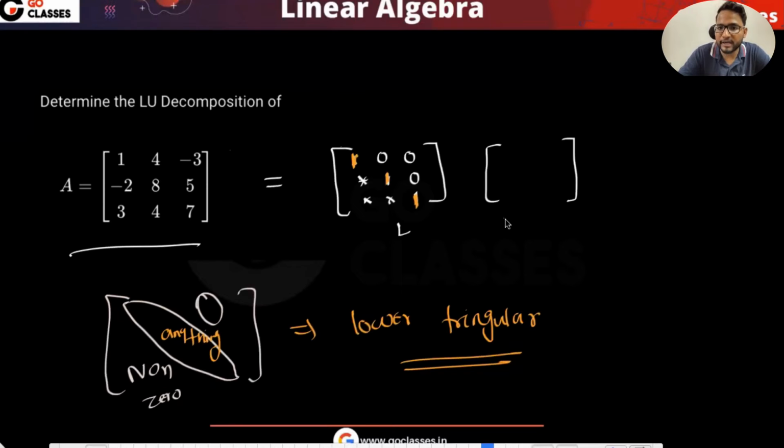And an upper triangular matrix is one where on the diagonal it could be anything, and below the diagonal it is zeros, and above it is non-zero.